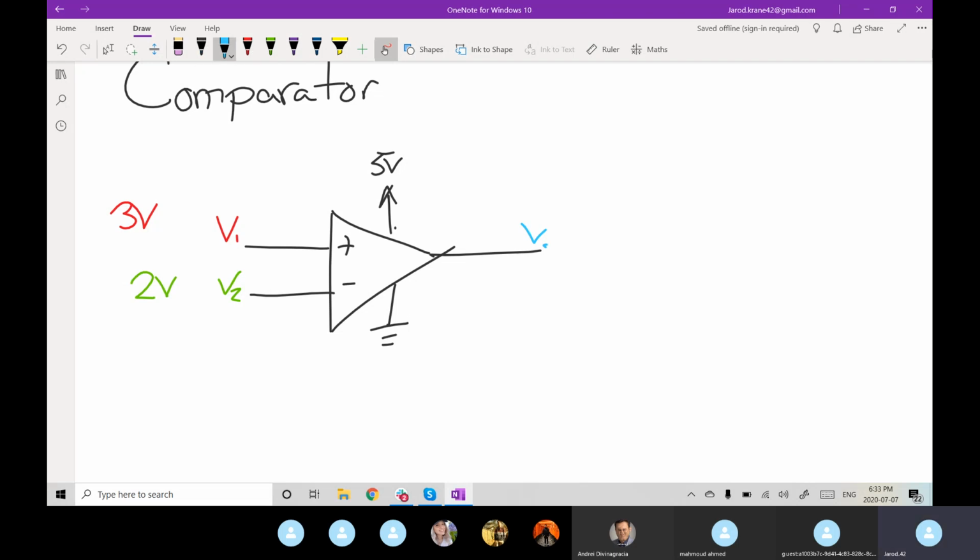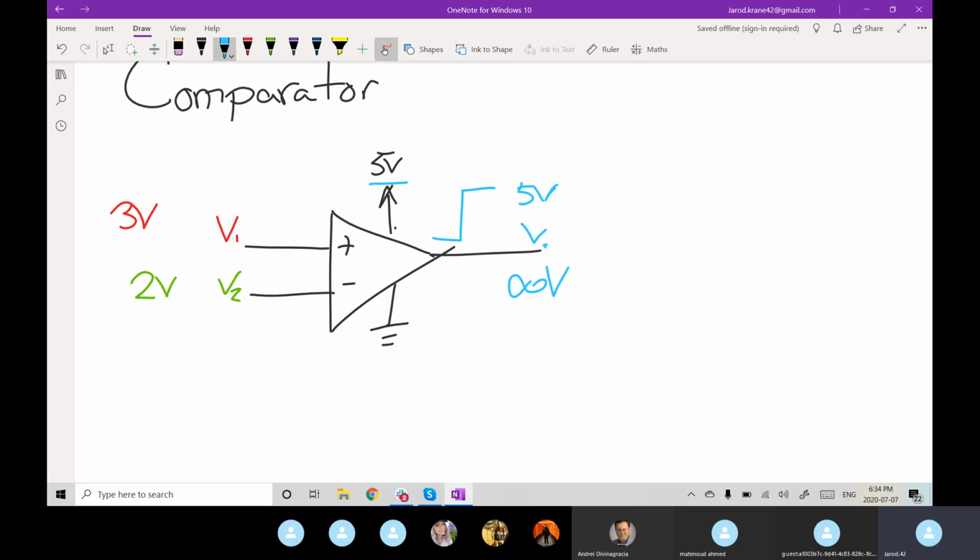So the output is going to want to be some stupid high voltage. Obviously, we can't produce that stupid high voltage because we are capped by our supply voltage. So our output voltage is going to be 5 volts. It's just going to be an instant step up, hit 5 volts.